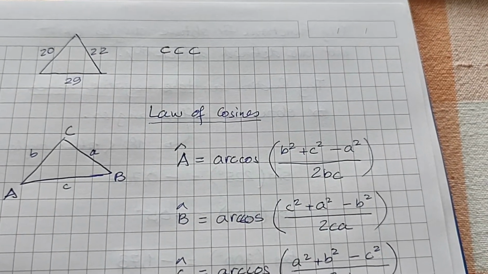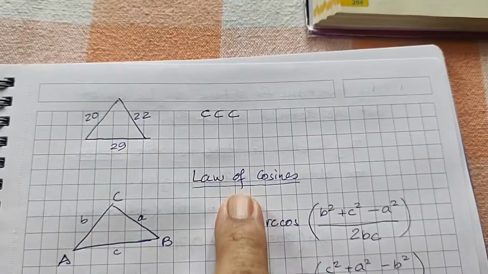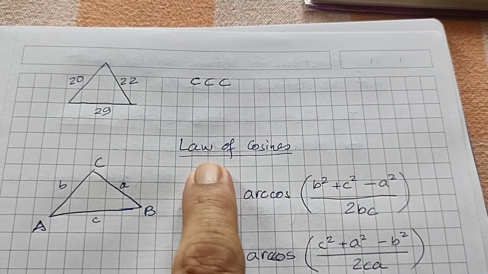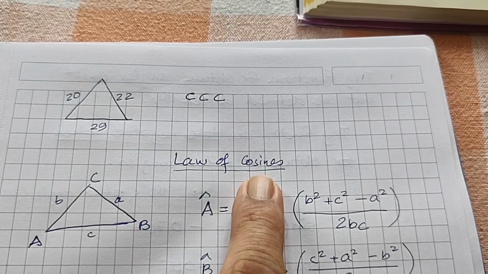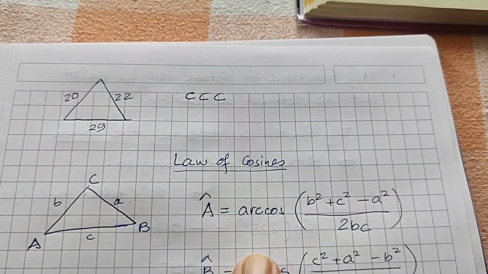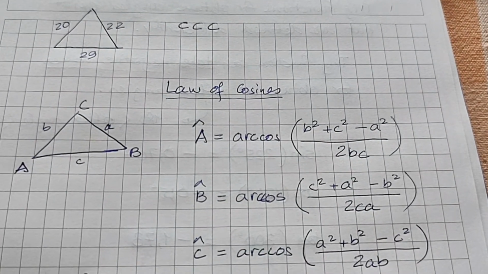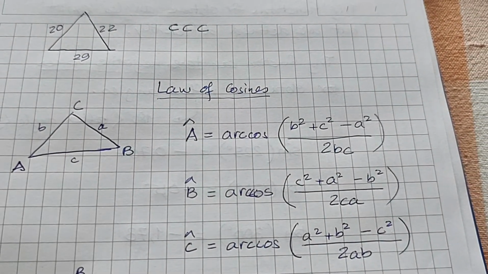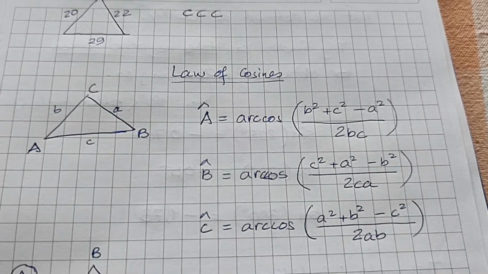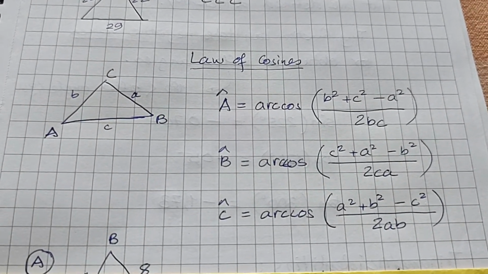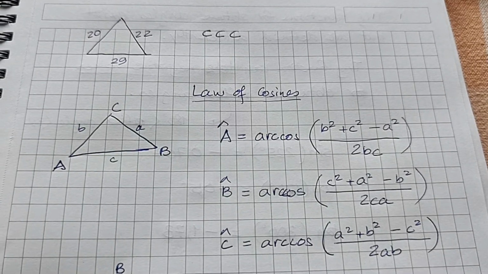If you are interested, you go to the internet, go to Wikipedia and type in law of cosines, and then there are several different proofs that are given, and one of them is actually understandable by you, because of the limited knowledge you have. There are many proofs.